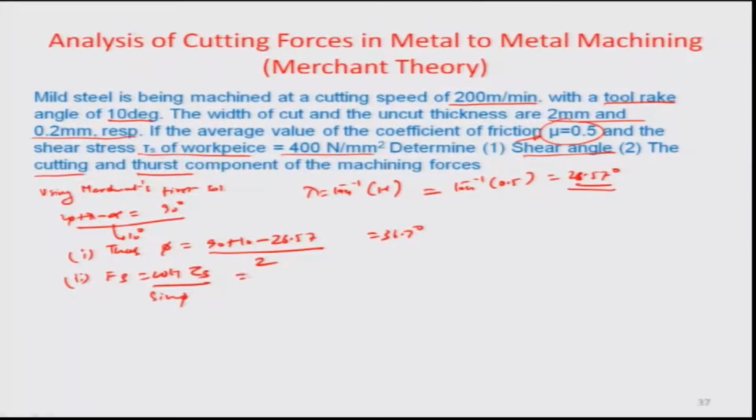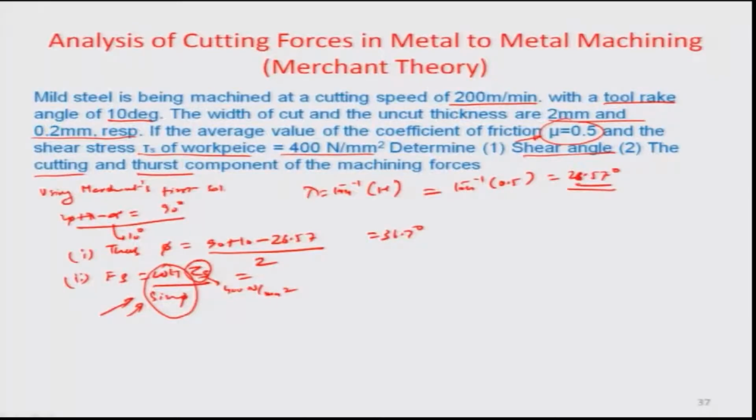as I had illustrated earlier, this being the total shear plane area, multiplied by the ultimate yield strength of the material in shear. It is already given to be a constant value, 400 Newton per millimeter square, in the problem example.